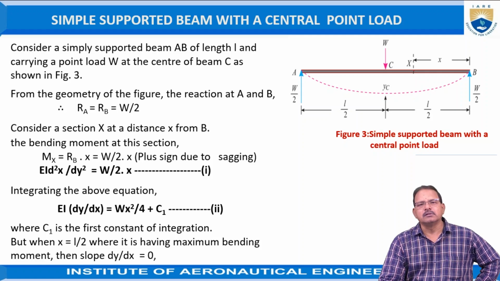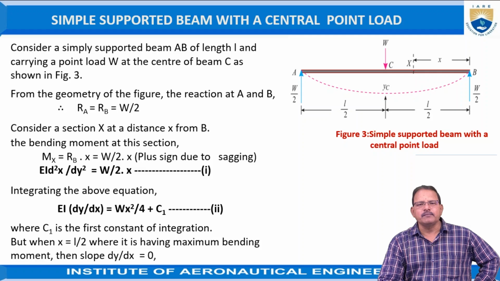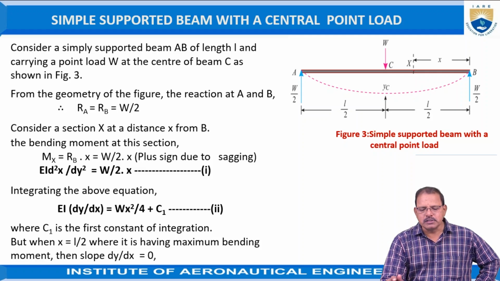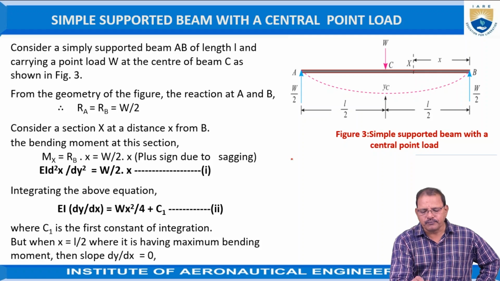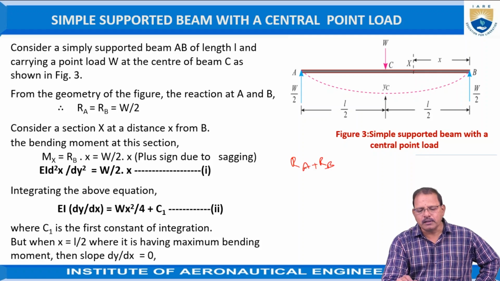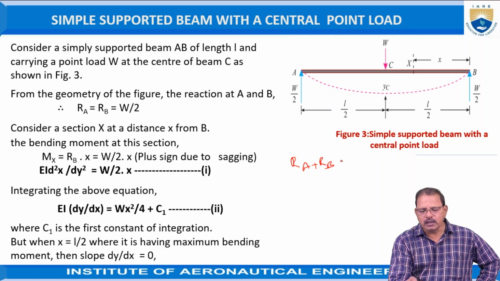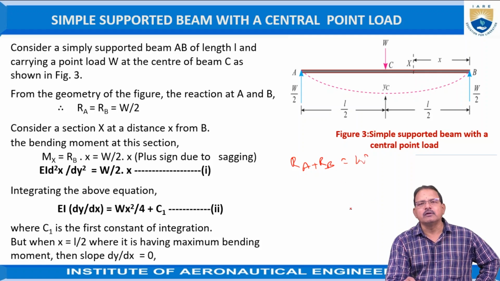That means the sum of the forces acting downward should be equal to the sum of the forces acting upward. According to this figure, RA plus RB, the reactions at A and B, should be equal to the vertical load W.